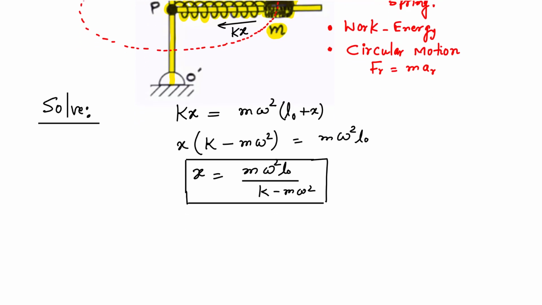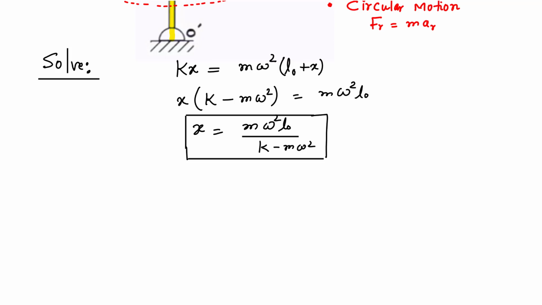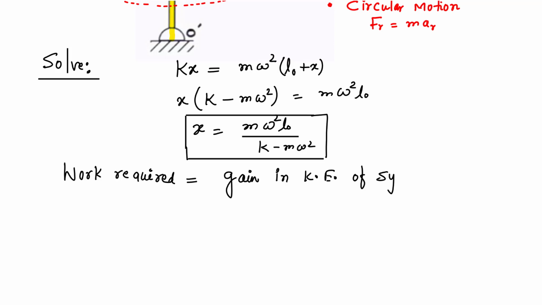Now we have to calculate the work required. The work required will be the same as the change in kinetic energy. How much work you have to apply is the same as the gain in kinetic energy. This is the work energy theorem. So the work required is the same as the gain in kinetic energy plus the gain in potential energy of the system, if there is any potential energy.